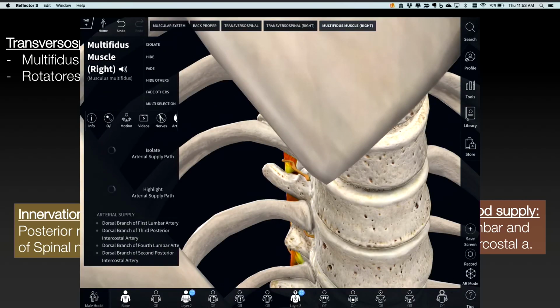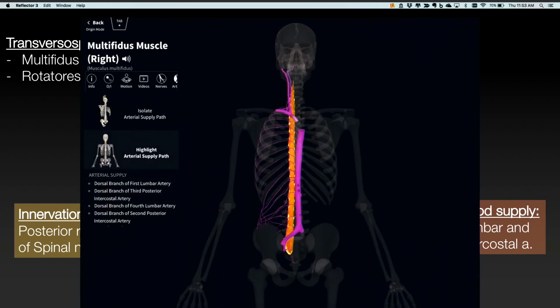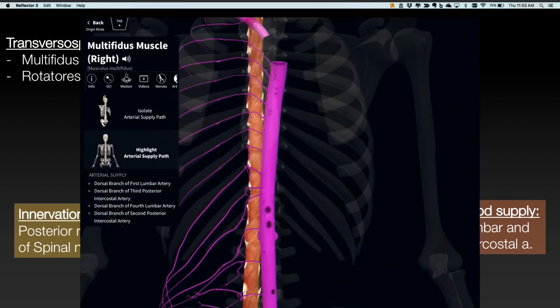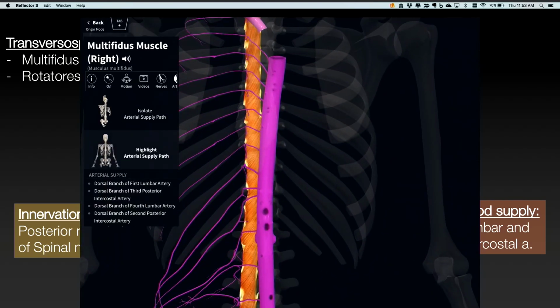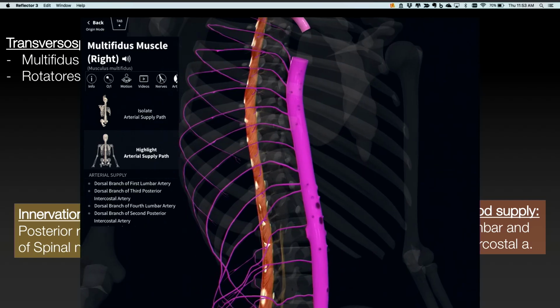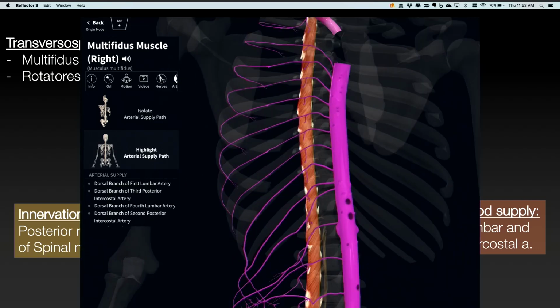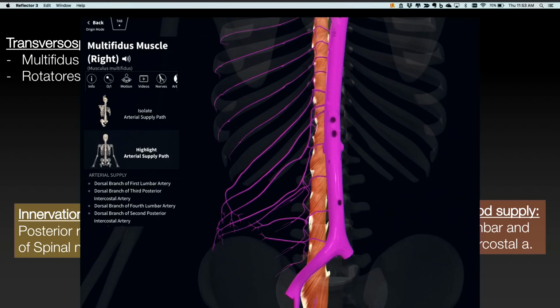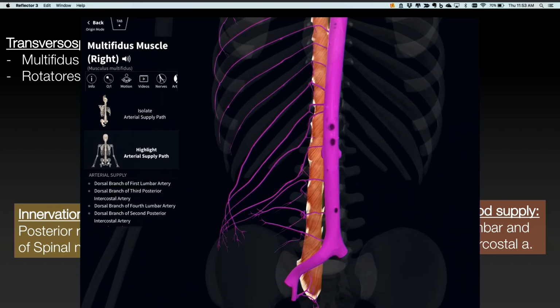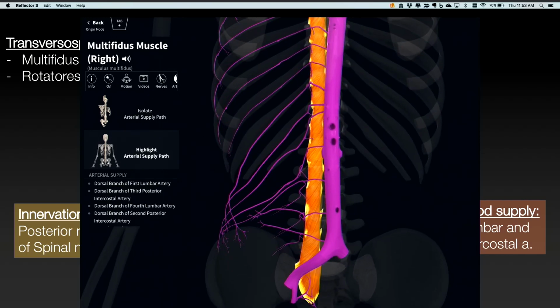And surprise, surprise, intercostal arteries, supplying muscles of the deep back. Also some lumbar arteries, which look a lot like intercostal arteries, but they're not between ribs, so they're not called intercostal.